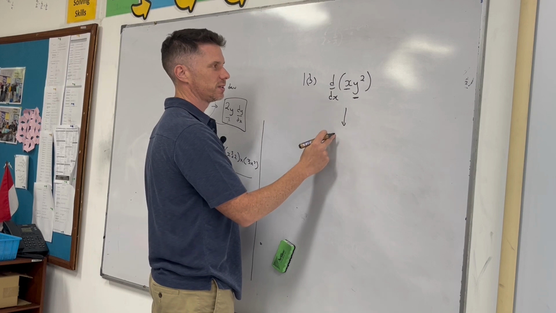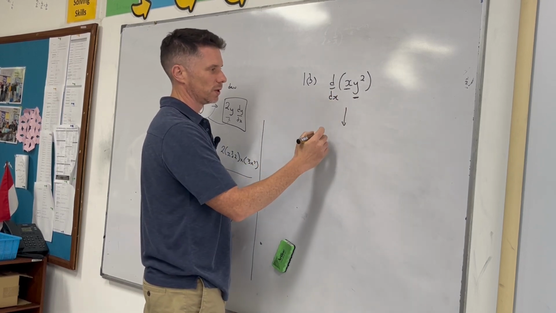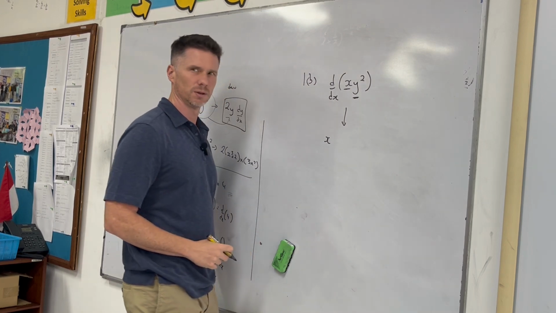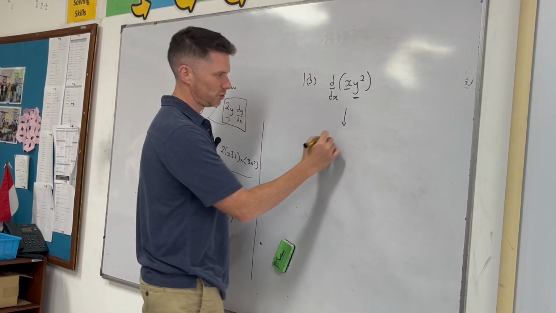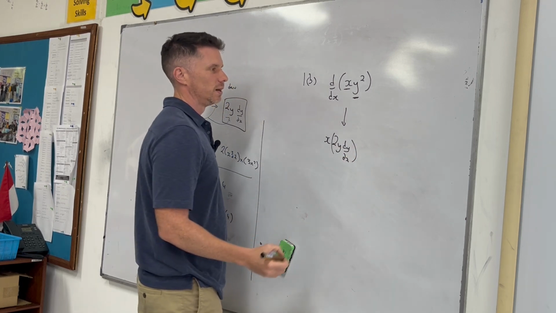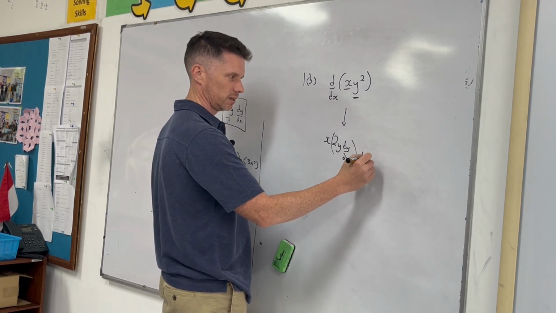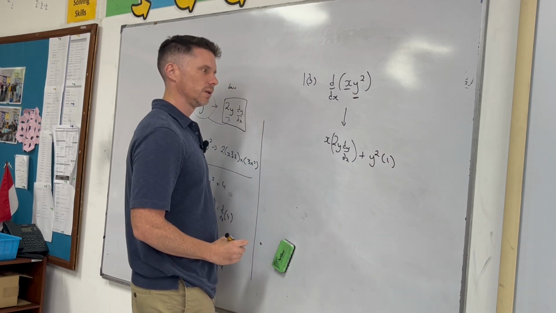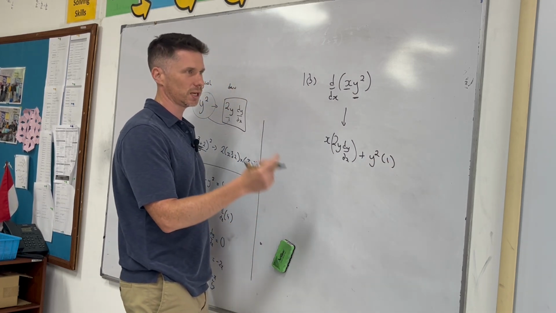So the first times the derivative of the second, or you can do it the other way around, but I'll do it the first one. X times the derivative of that, which is what? 2y dy dx. Perhaps you want to put in brackets. Plus the second, y squared, by 1. Are we happy with that? Yeah.